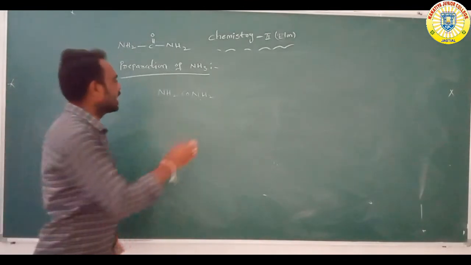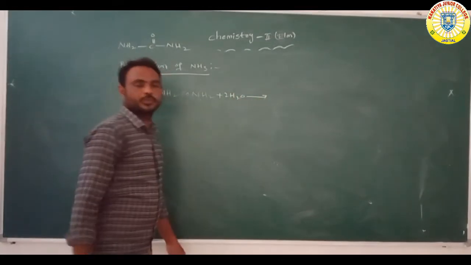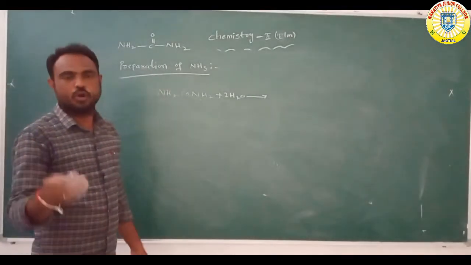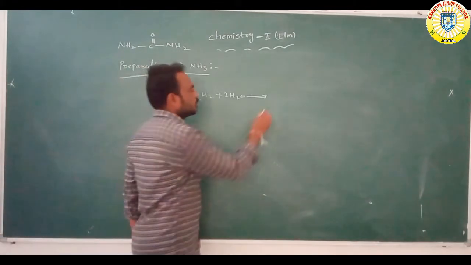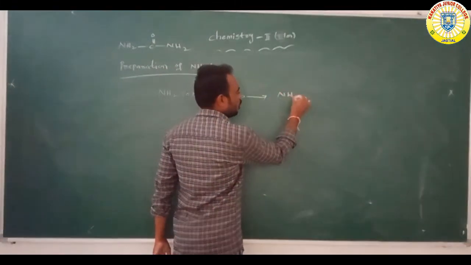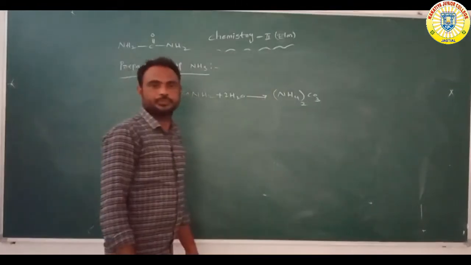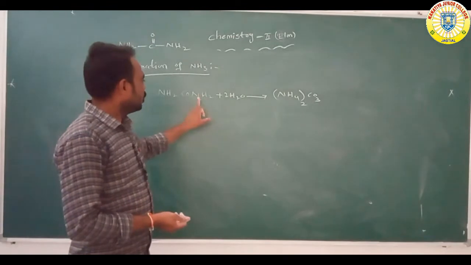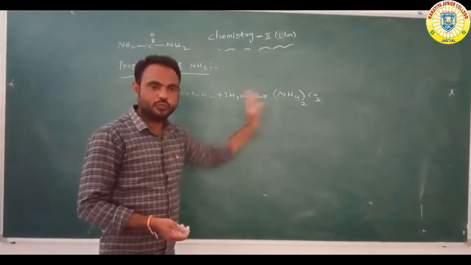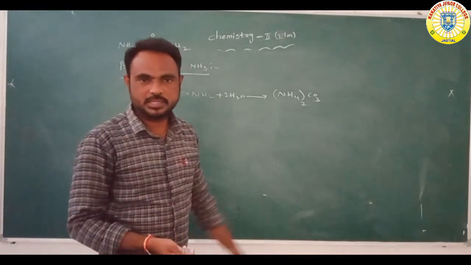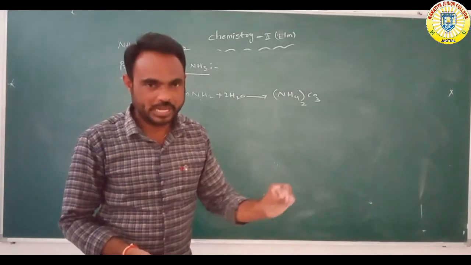When urea reacts with water molecules, it forms (NH4)2CO3, that is ammonium carbonate.